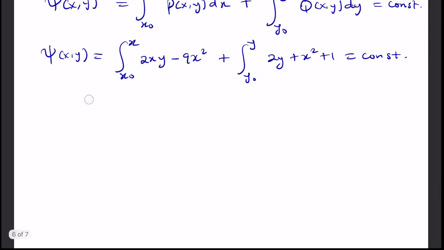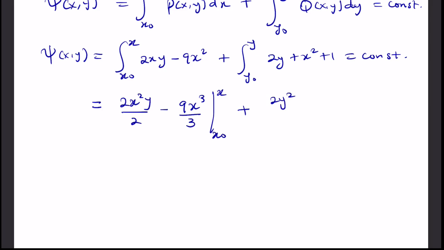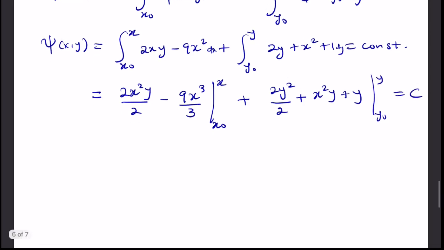Then we can integrate. Integrating this would have 2x squared y all over 2 minus 9x cubed all over 3 from x naught to x, plus 2y squared. Remember that this is the x, this is the y. Sorry about that. So 2y squared all over 2 plus x squared y plus y from y naught to y is equal to a constant.